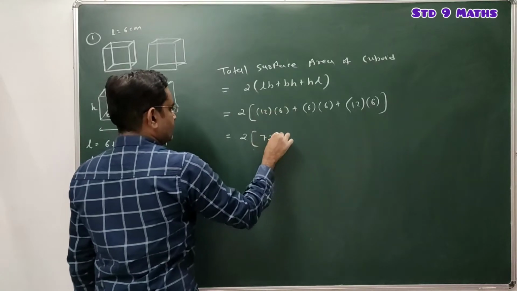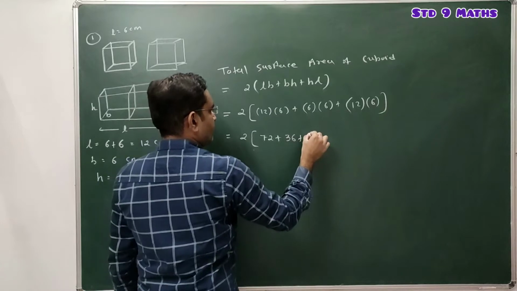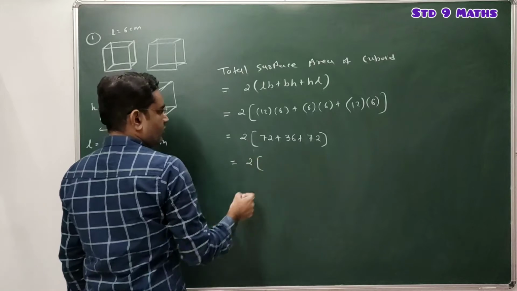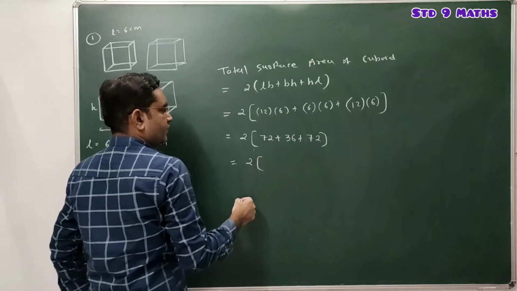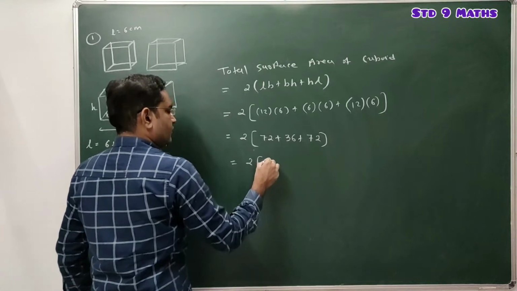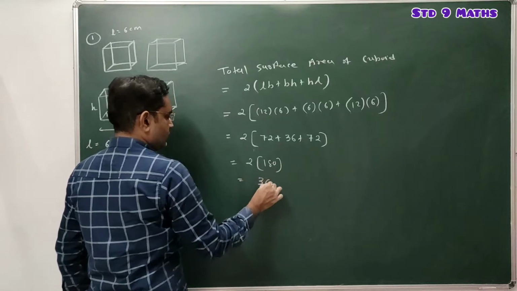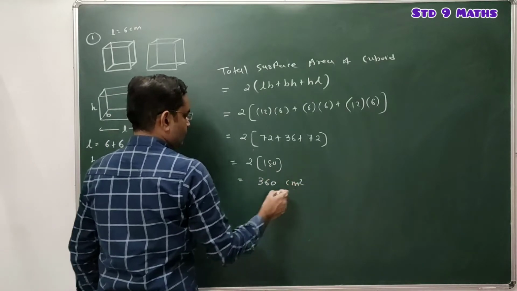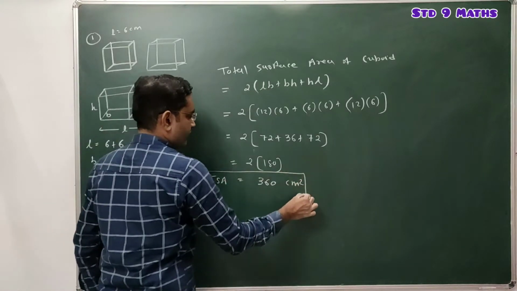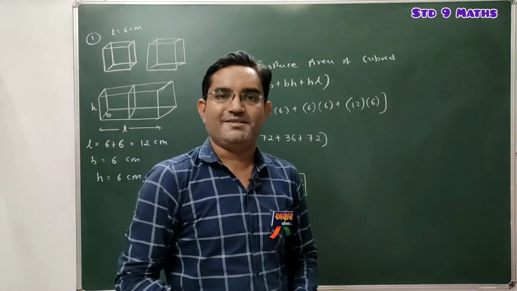So this is equal to 2 into 72 plus 36 plus 72, which is 2 into 180. This is equal to 360 centimeters square. So the total surface area of the resulting cuboid is 360 centimeters square, which is the answer.